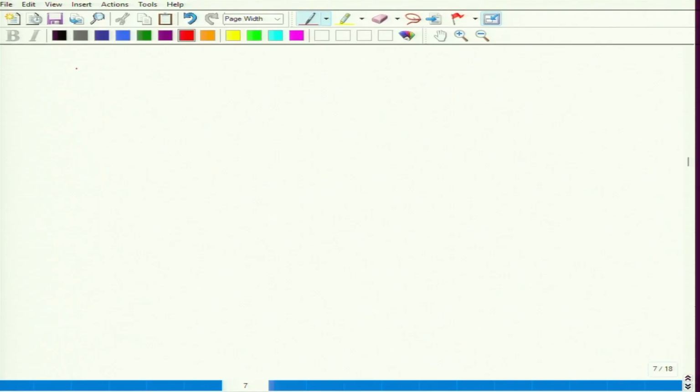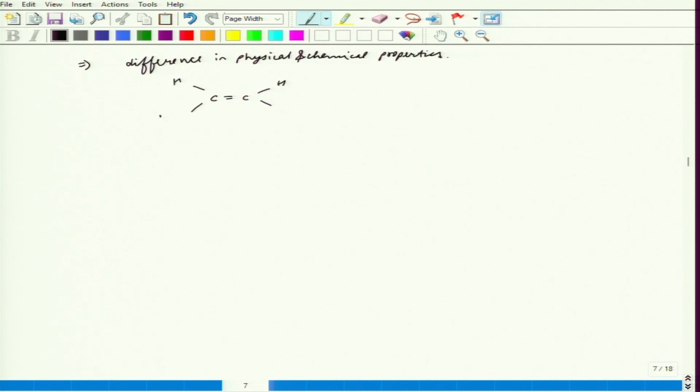And as I have discussed already, if there are two isomers, it will lead to a difference in physical and chemical properties. Here also both these structures have different physical and chemical properties. This is the cis one, and this one is the trans one.